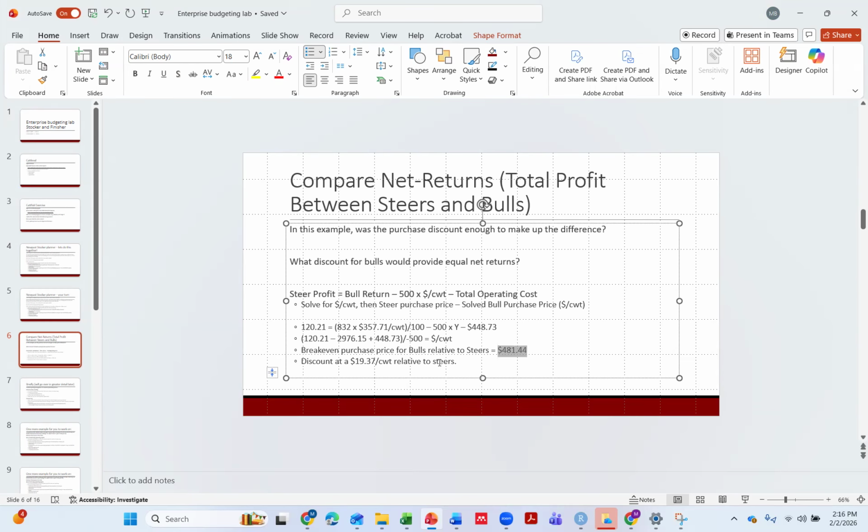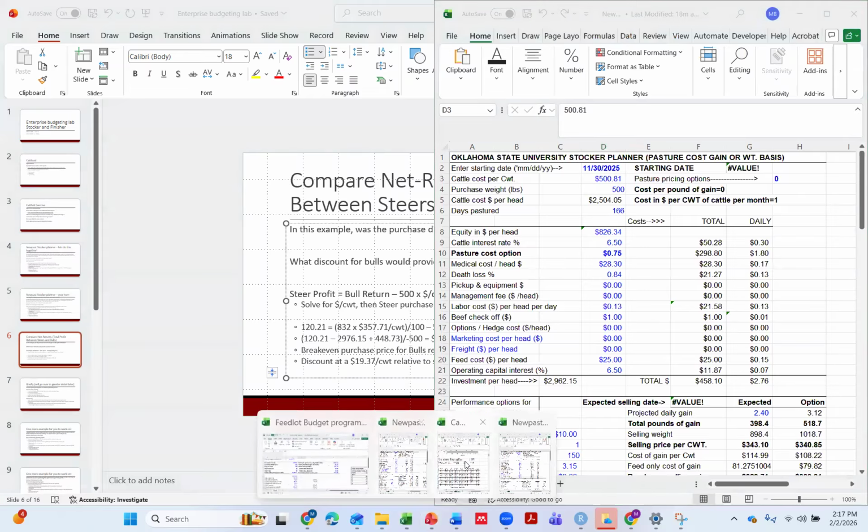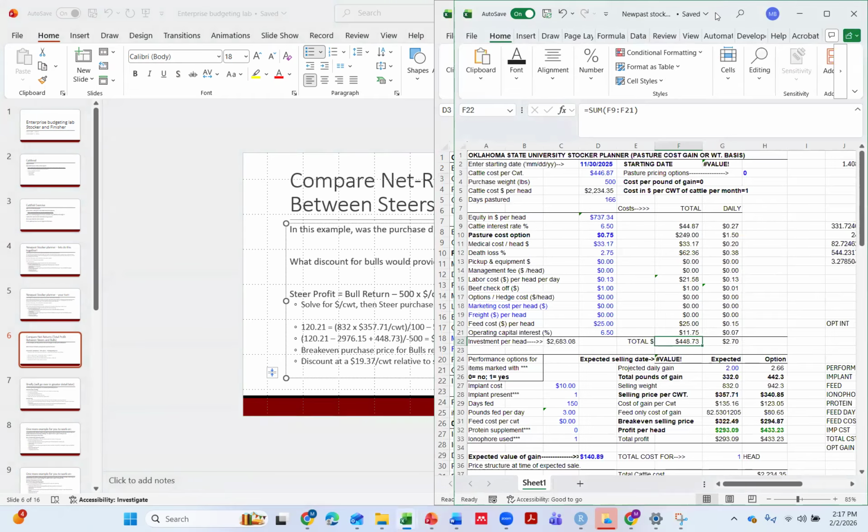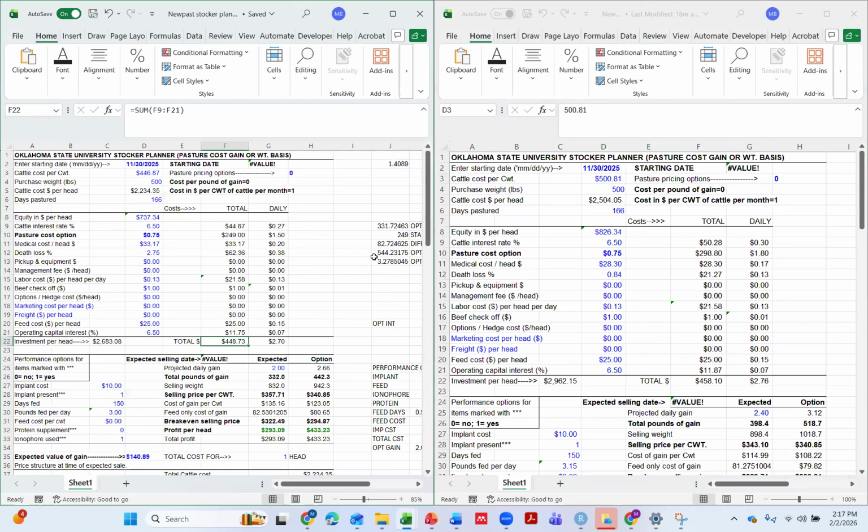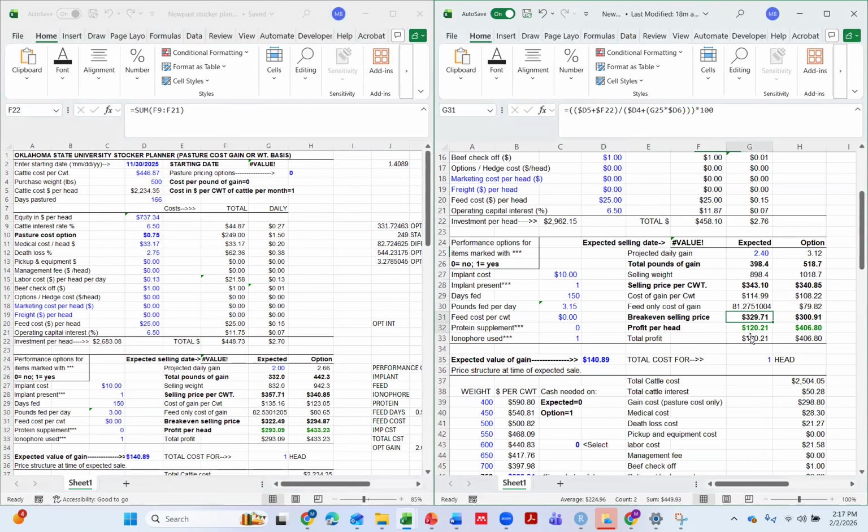I don't want you to look at these differences in the stocker budgets, if we had purchased steers we would have made $120 per head compared to buying these bulls, where we would have made $300 per head, and think that this is always going to be the case. For whatever reason in the market, bulls are receiving a much greater discount today than what you need to break even between the two sources.